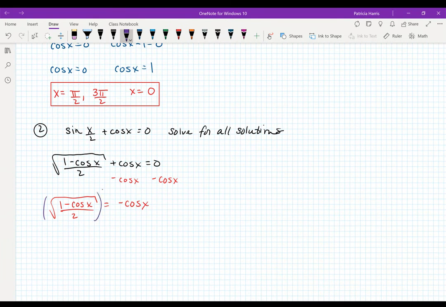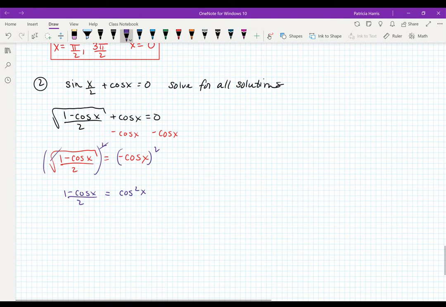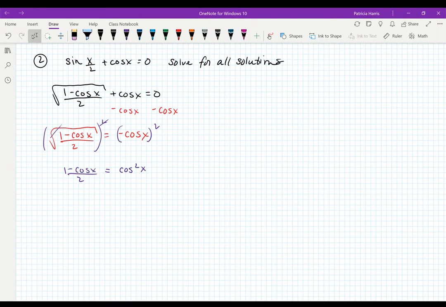So if I square both sides like this, I get that. And then negative squared. Okay, well, that looks a whole lot better. I could have gone down a very odd path if I didn't do that.